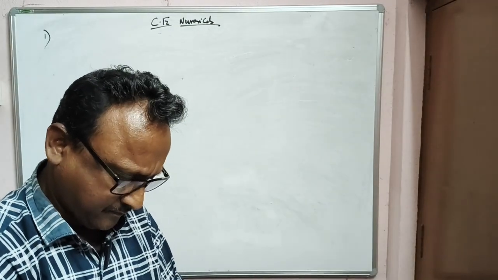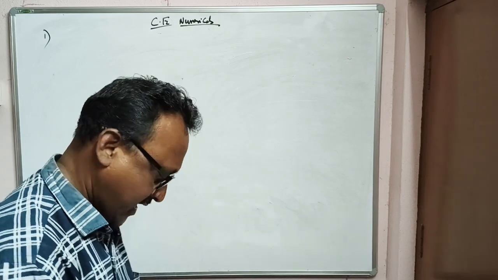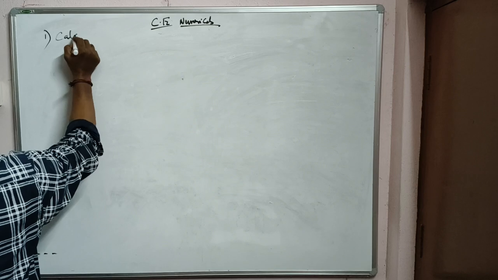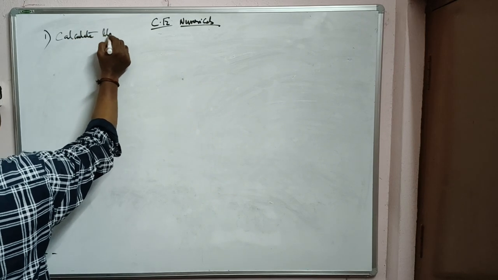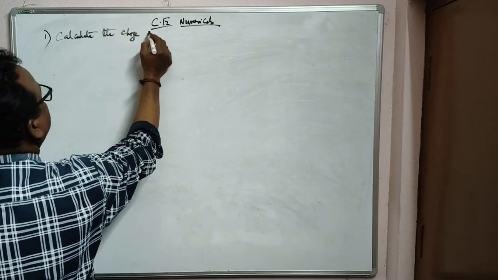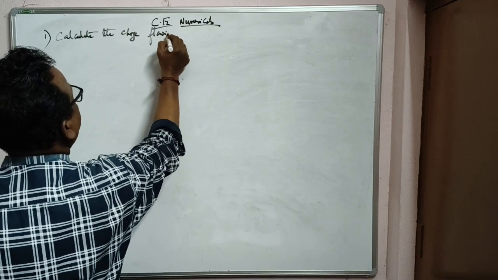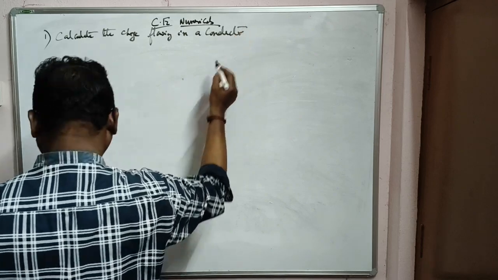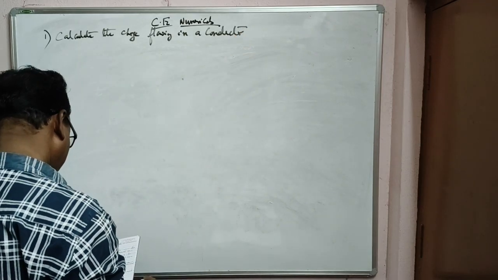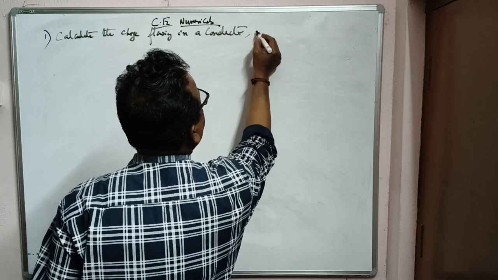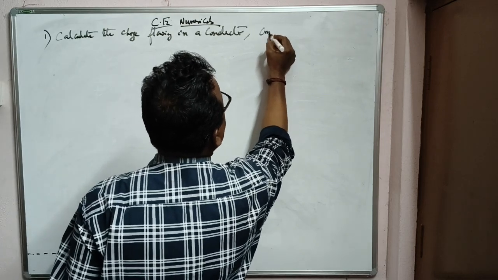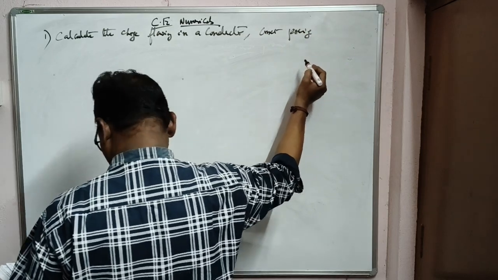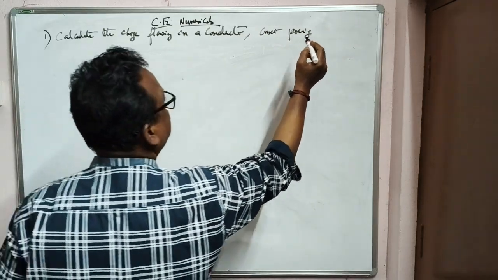The first question is: calculate the charge flowing in a conductor when a current of 0.6 amperes passes for 10 minutes.